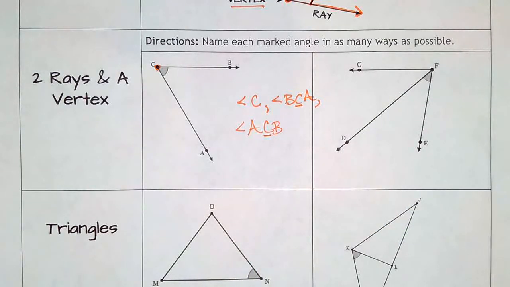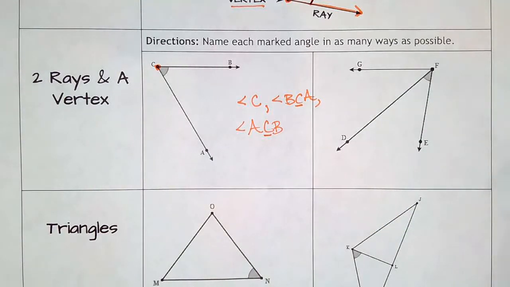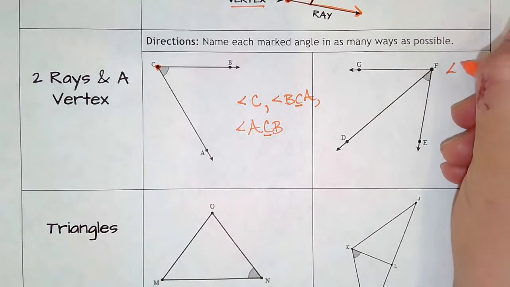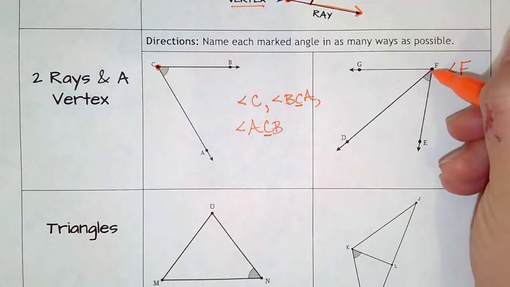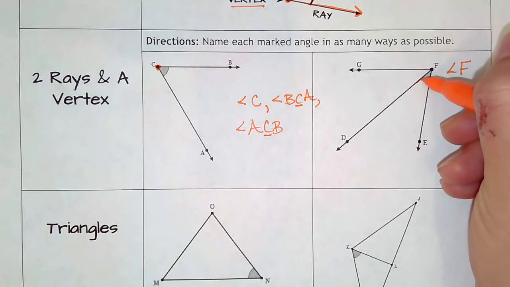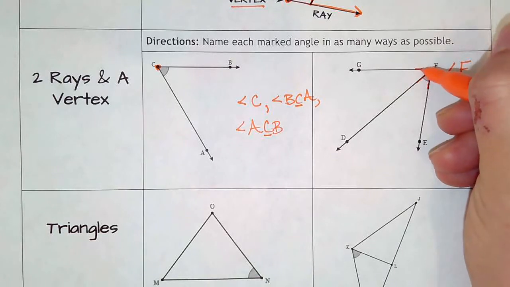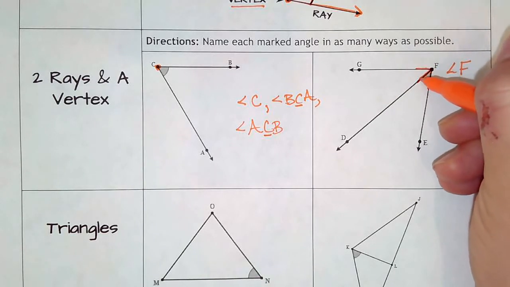All right, on the second example, we cannot simply call this angle F. Because if I said angle F, that could be here at this angle, that could be here, or that could be the whole thing.